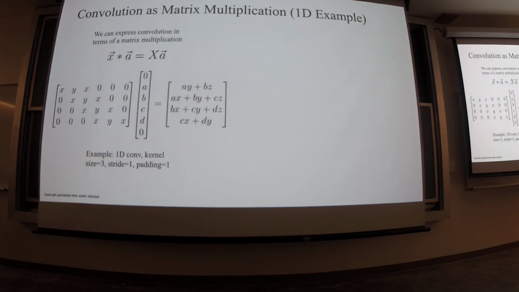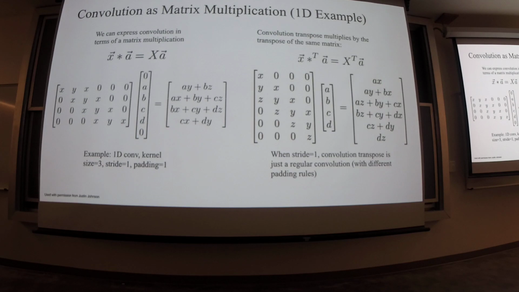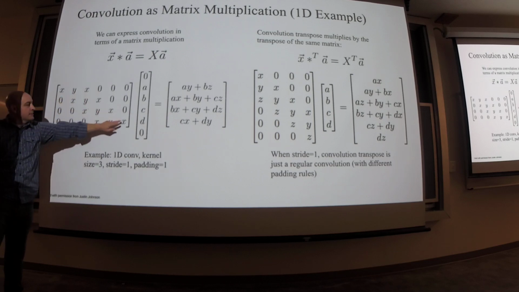Okay. The reason it's called transpose convolution is because you can represent the convolution operation as a matrix multiplication, and it turns out that you can represent what we're doing the same way. By the way, these should be z's. They're x's, but they should be z's.